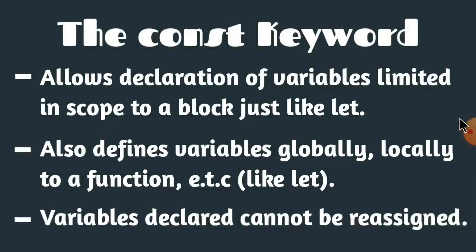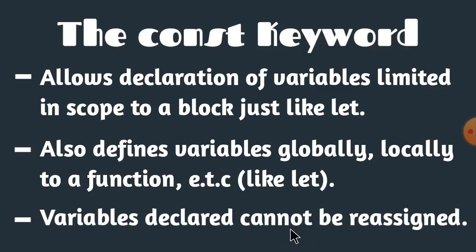So the const keyword allows declaration of variables limited in scope to a block, just like let. Also defines variables globally, locally to a function, etc. like let. So the const keyword is just like let, almost the same thing, just one difference. The one difference between the two is that variables declared with the const keyword cannot be reassigned.